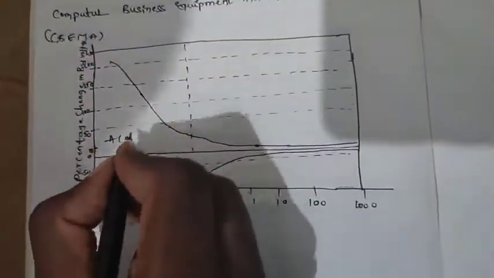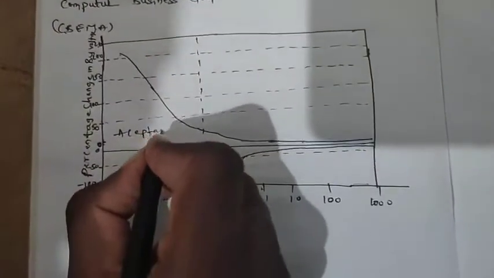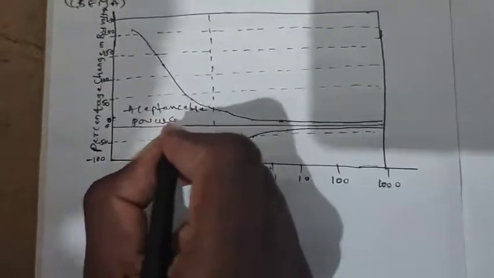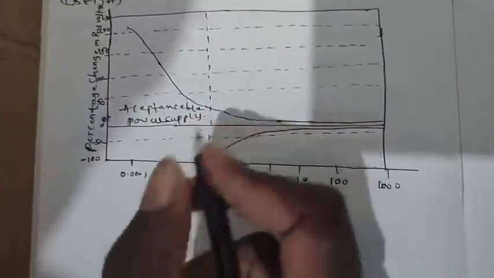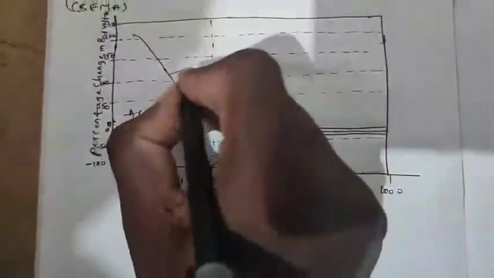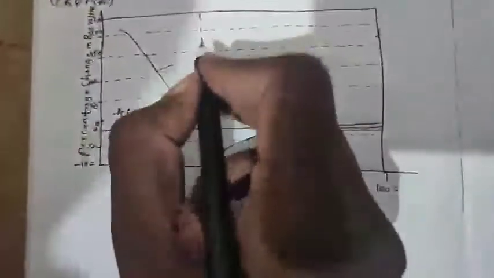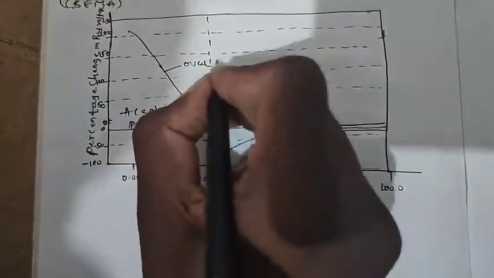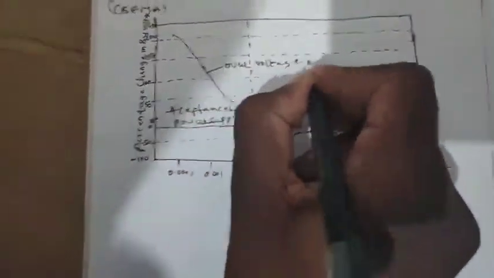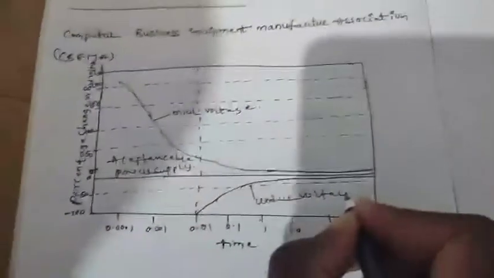Here this is the acceptable power supply. This one is the acceptable power supply. This is the case after this one, over voltage. After this one is under voltage.